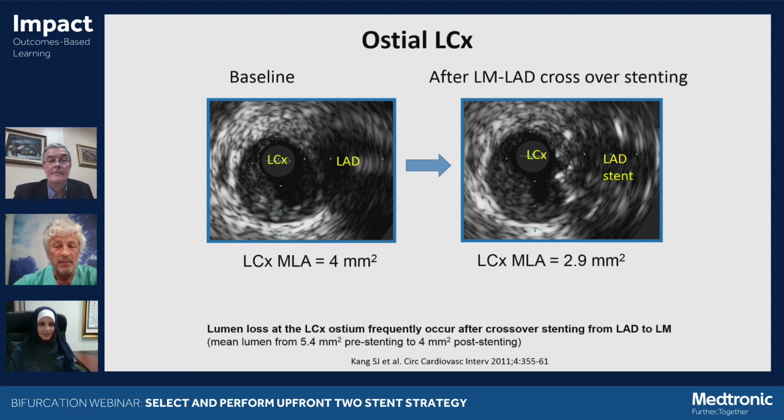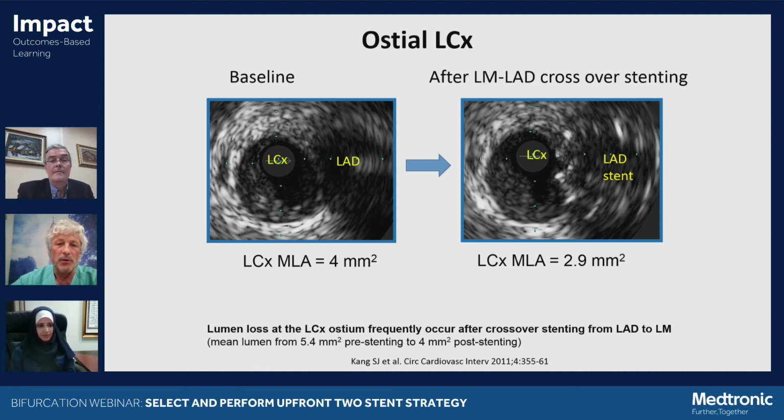This is the imaging of the circumflex, and you can see baseline on the left, post-stenting in the left main on the right. And you see both mechanisms, the carina shift, but also you pay attention, the thickness of the plaque is different. In the circumflex on the right, it's thicker. It's not only the shift of the carina, because even with kissing you cannot solve this, but it's also that the plaque in the circumflex is becoming folded, thicker, maybe displaced, just like a snow plow.